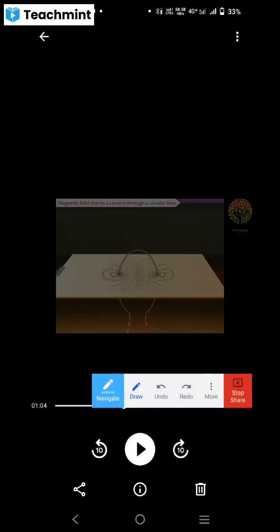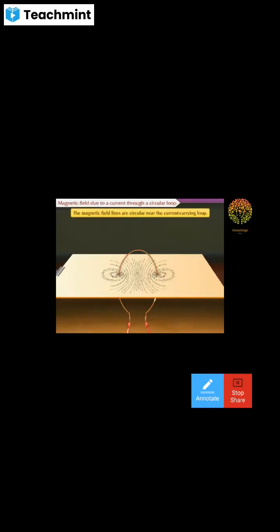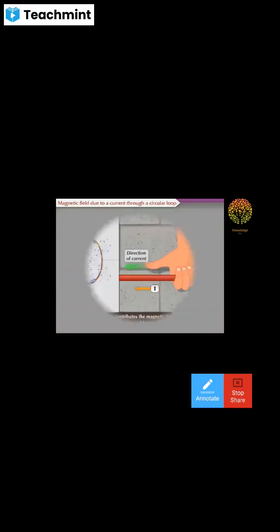Observe. Bigger and bigger, and at the center they look like a straight line. The field is present everywhere, wherever the coil and the wire are. They showed it only at that point.